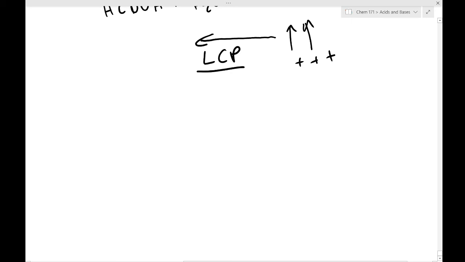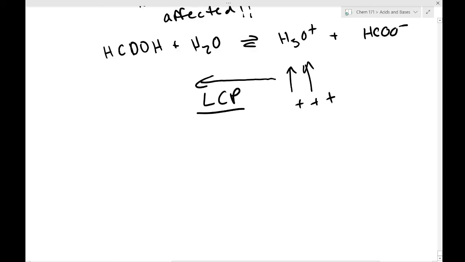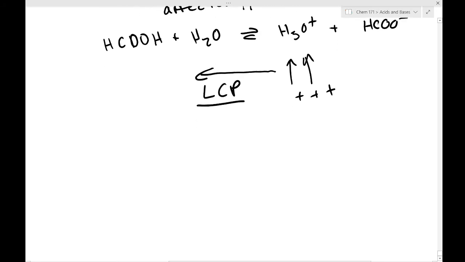We want to solve for how much ionizes by looking at the base concentration in solution with H3O+ initial at 0.100. What do I mean by that? We have our reaction here, so let's make an ICE table.